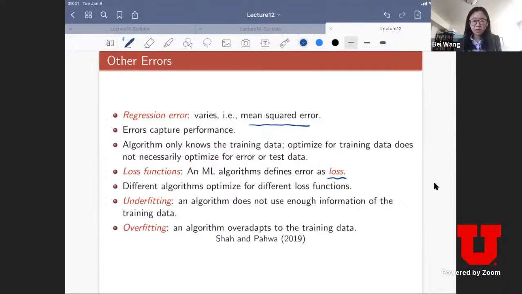If an algorithm does not use enough information of the training data, that means it's underfitting. And if it over-adapts to the training data, then it's overfitting. Those are the situations you want to avoid. And overfitting, I can't emphasize more, is actually a really common problem for some of those models. It over-adapts to the training data.